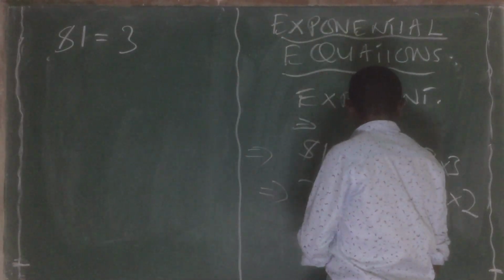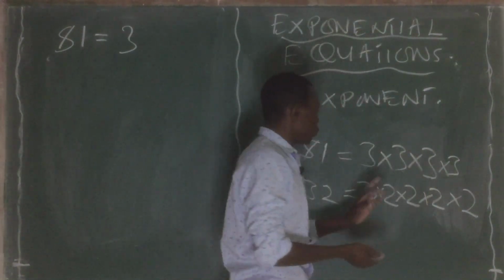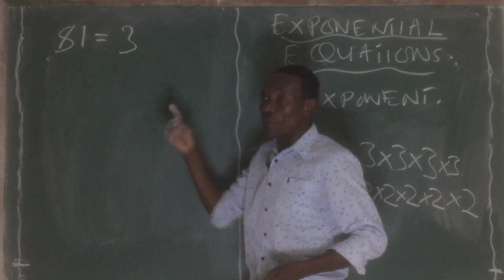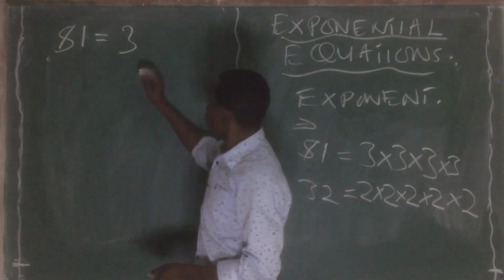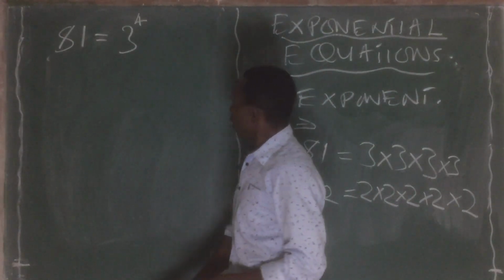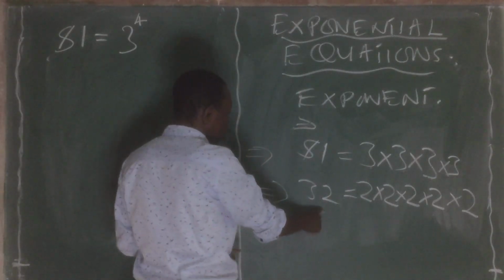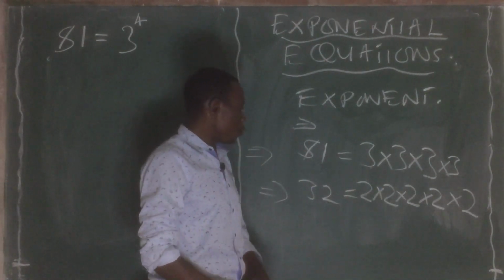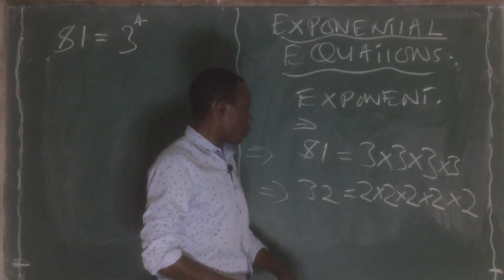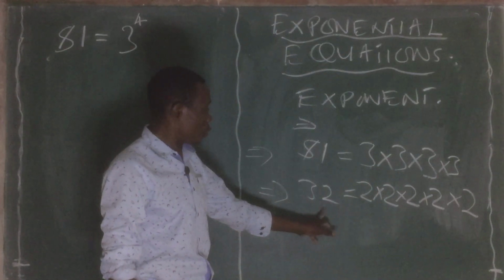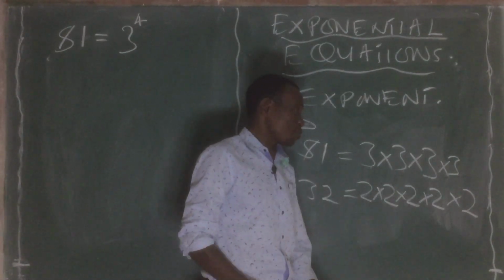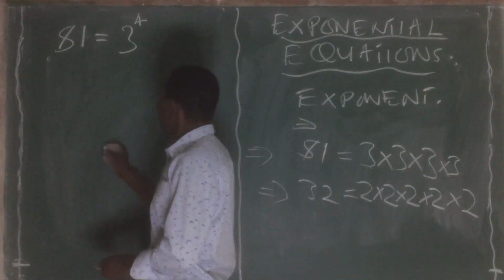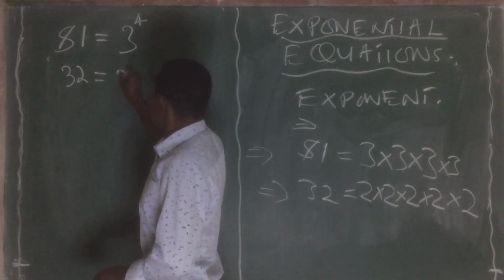How many 3s do we multiply to get 81? You count 1, 2, 3, 4. That number of times you multiply the factor, you write it on top. Again, for 32 in factors of 2, you find out how many 2s you multiply to get 32. There are five 2s. But now in mathematics, how do we write that briefly? We write 32 is equal to 2.